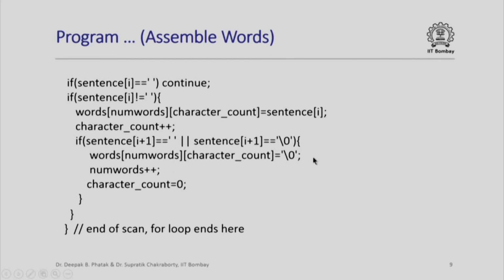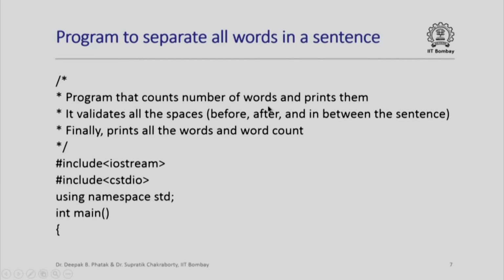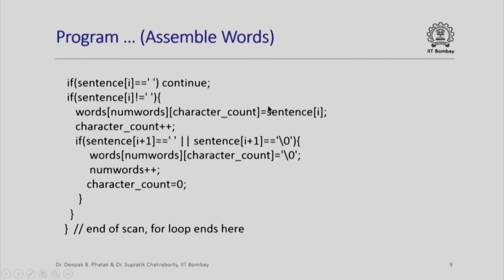Let us go back to the previous slide and examine what we mean. Please note that if this was the non-blank character which I am just inserting in the current scan, the next character is a blank. Similarly, the next character here is a blank. Whenever that happens, my current word has ended, and that is why, if the i plus 1th element of sentence is a blank or a \0, I terminate the present word, which means in the current position, which is the character count position, I insert a \0.